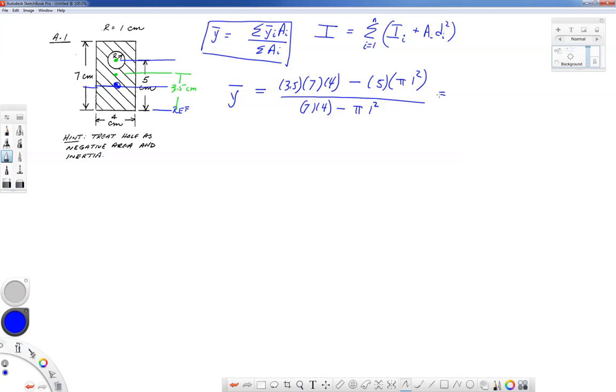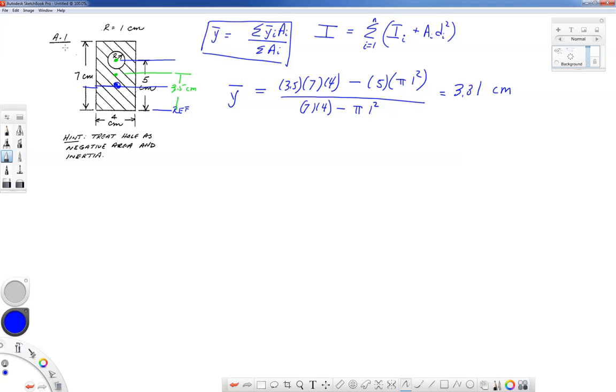All right, I have my calculator handy. Let me just see what that number is. It's not something I can calculate off the top of my head. If I did my calculations right, I got 3.31 centimeters.